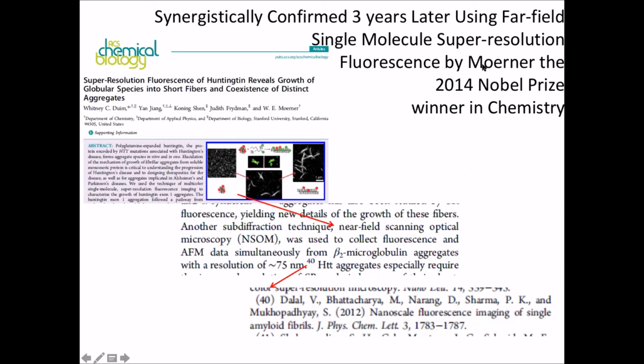One of the co-winners of the Nobel Prize in 2014, Moerner, showed that he got with PALM exactly the same value that our customers got 3 years earlier. And why is that important? Because it was the first time that I've ever seen a near-field optical result actually checked by another technique, and by a very different technique, okay?